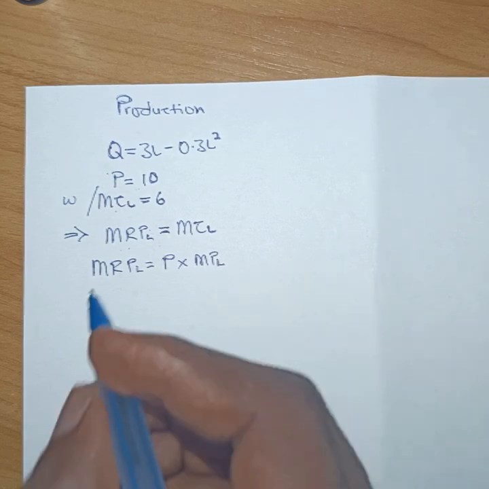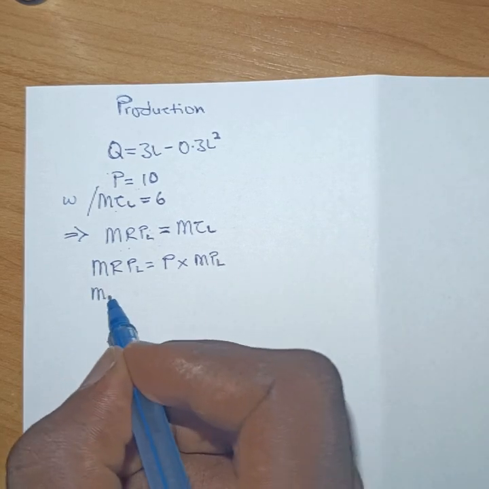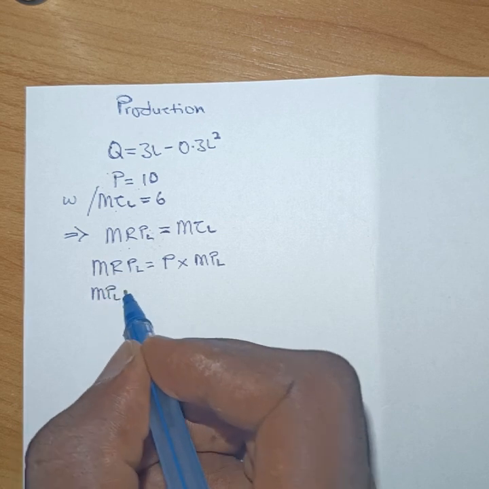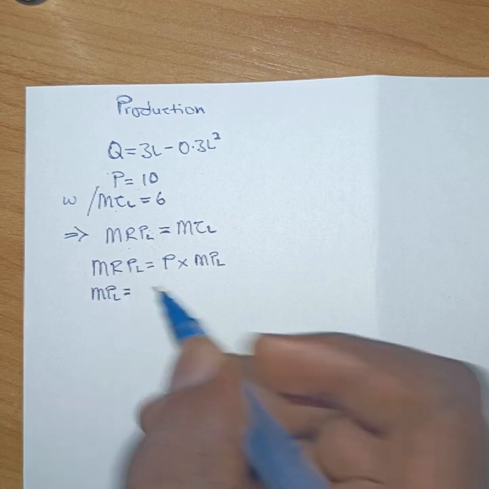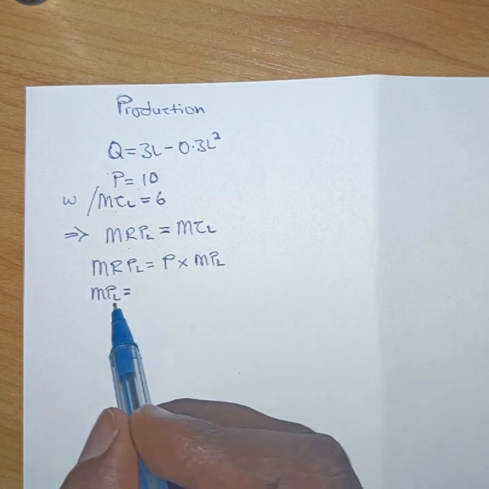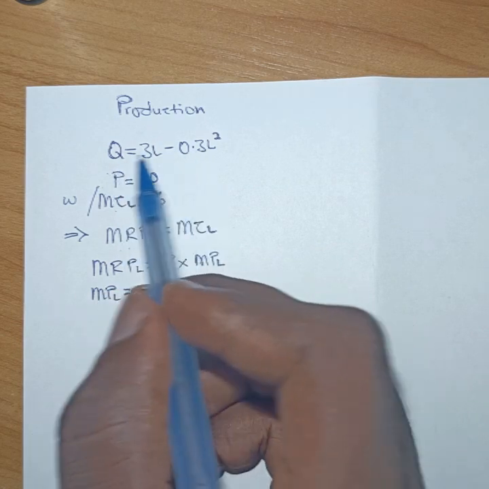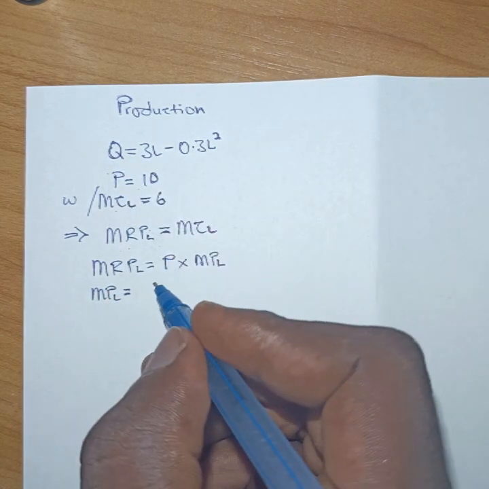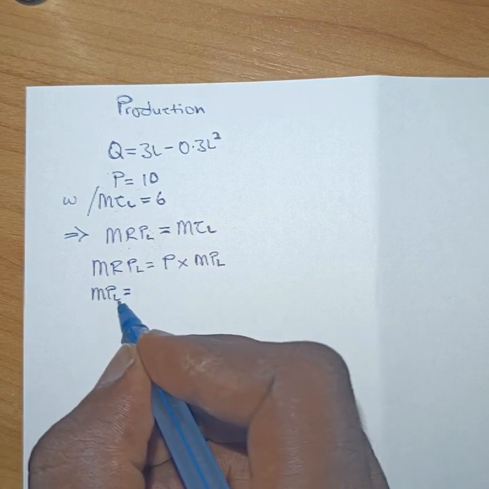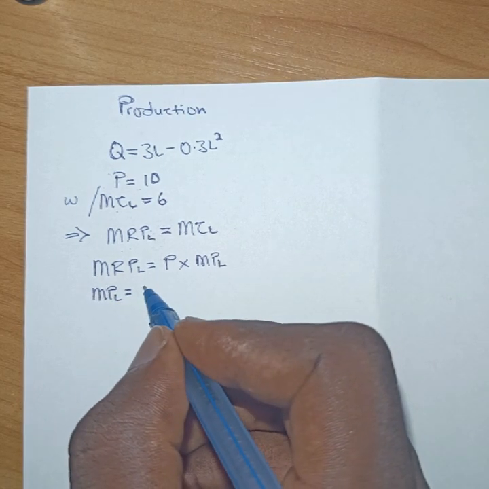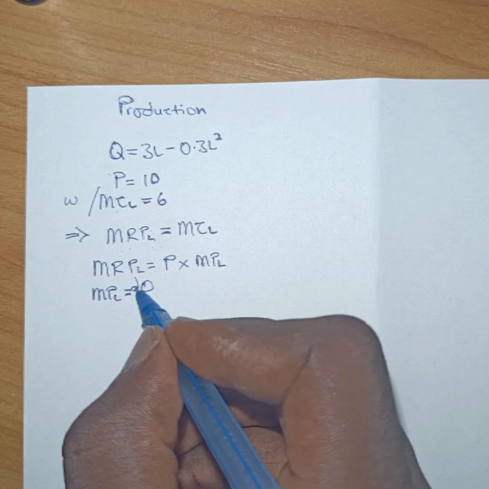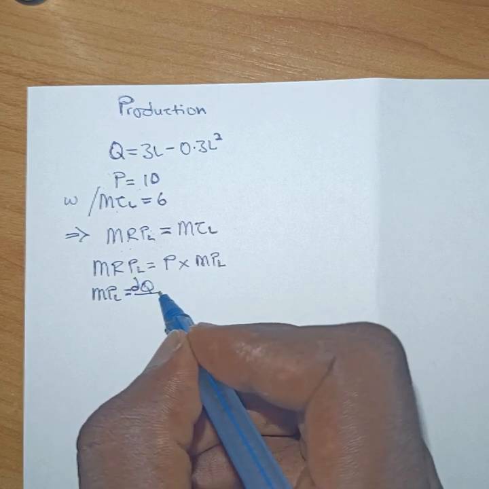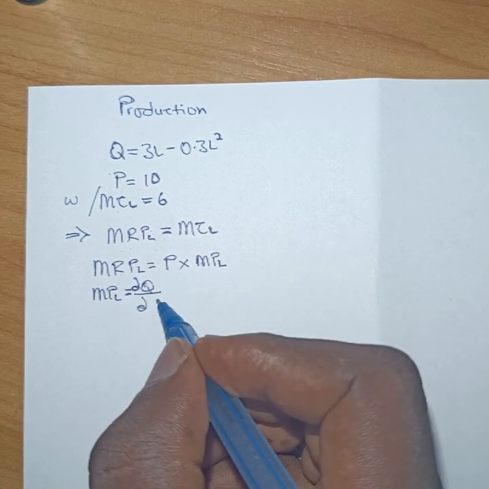And to find that, we have to differentiate. So MPL equals, okay. Now we have to differentiate L from this Q function, okay. From this Q function, which means that MPL equals, sorry, delta Q over delta L.